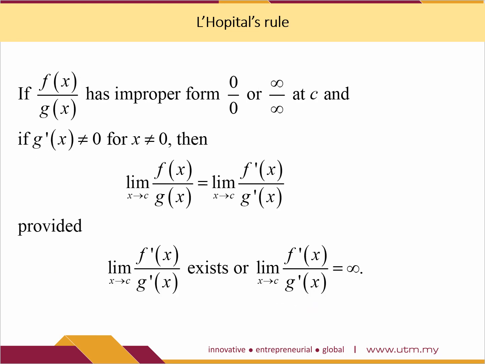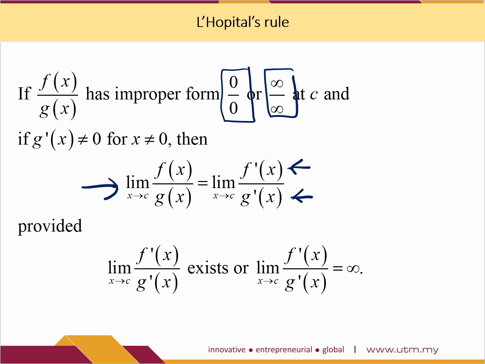So what is L'Hopital's rule? If f of x over g of x has an improper form, which is 0 over 0 or infinity over infinity, then the limit of f of x over g of x as x approaches c would be equal to the limit of f prime of x over g prime of x, meaning we have to find the derivative of f over the derivative of g, provided that the limit exists or the limit is equal to infinity.